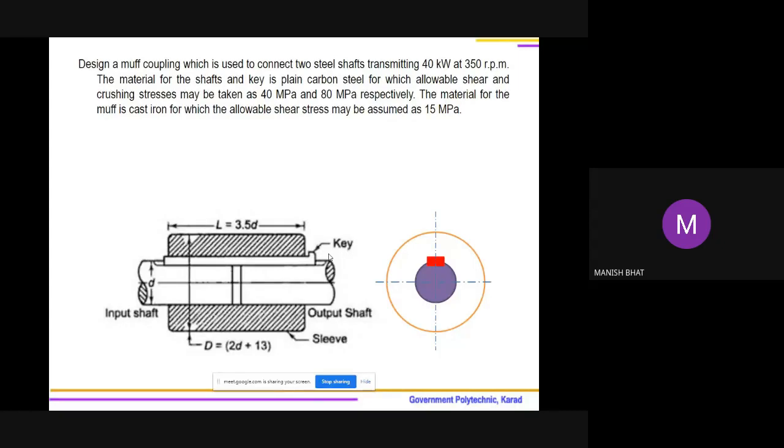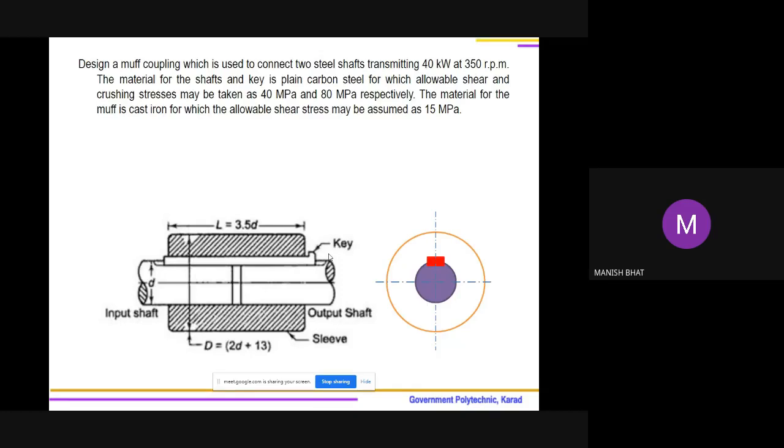The material for the shaft and key is plain carbon steel, and the allowable shear and crushing stresses may be taken as 40 MPa. So the allowable shear stress for designing the shaft and key will be 40 MPa, that is 40 Newton per mm square, and the allowable crushing stress is 80 MPa, that is 80 Newton per mm square.